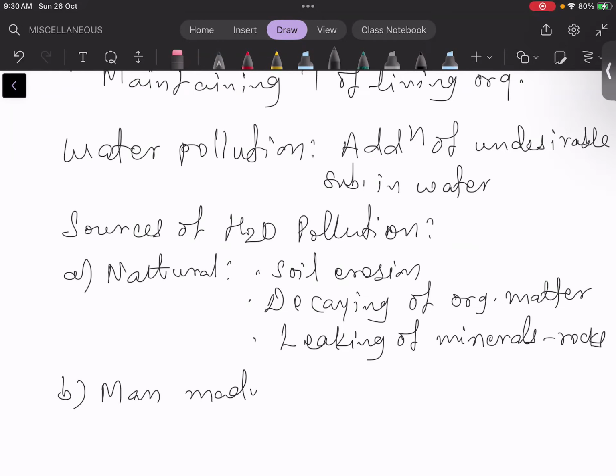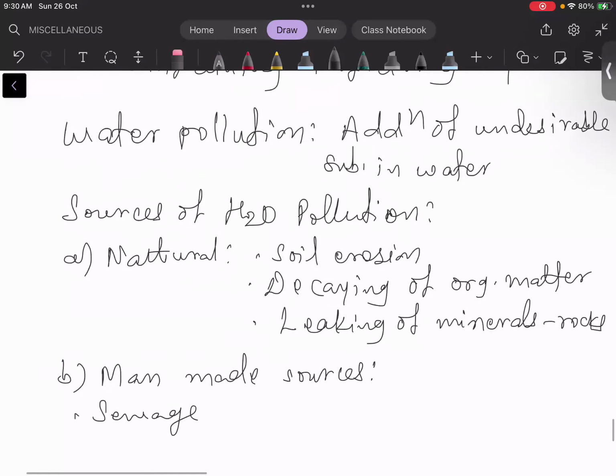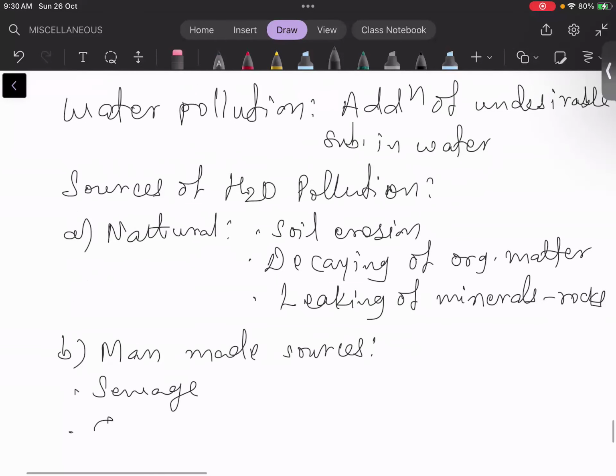Sewage is the waste matter created from domestic purposes. So, sewage water you can say. Then next, industrial effluents.